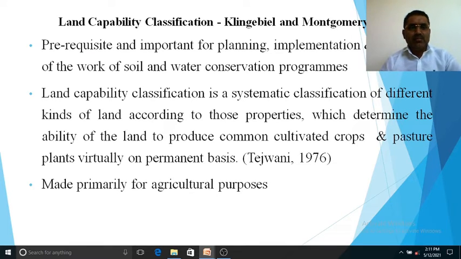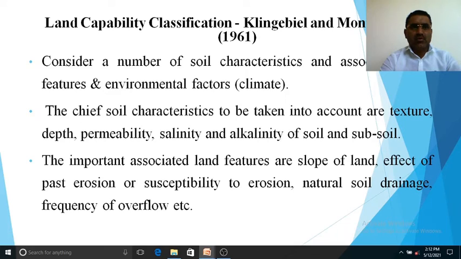Next point: it is made primarily for agricultural purposes, and it is part of agricultural advancement, because whenever we do a land capability classification, definitely we can produce the crops according to that class, or according to the suitable class for which crop. So these are the important points.